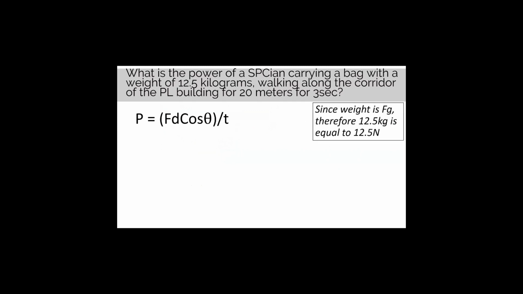Force is equal to 12.5 Newton, which we already explained during the work. Then the distance is equal to 20 meters, theta is equal to 0 since it is along the horizontal, parallel to the ground, and the time interval is equal to 3 seconds.